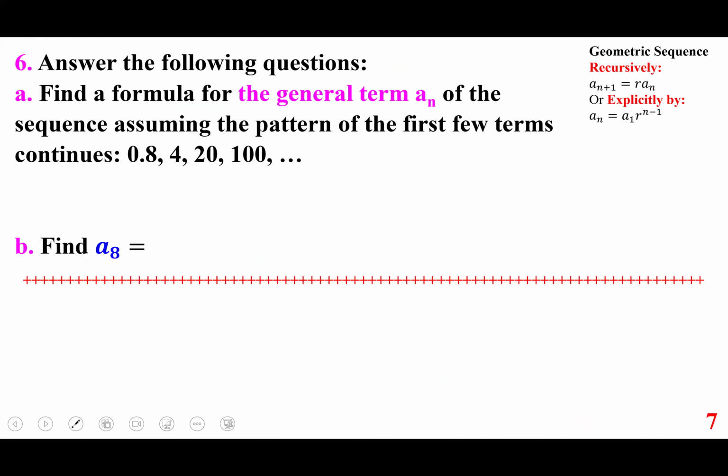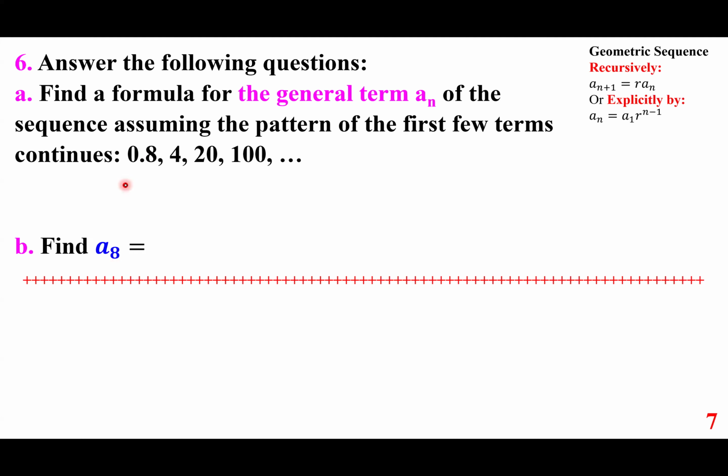All right, find the formula for the general term a sub n of the sequence, assuming the pattern of the first few terms continues. We have 0.8, 4, 20, 100. We notice the first one is 0.8, and we want to find a sub n. Let's see if it's an arithmetic or a geometric sequence, so we look at their difference and their ratio.